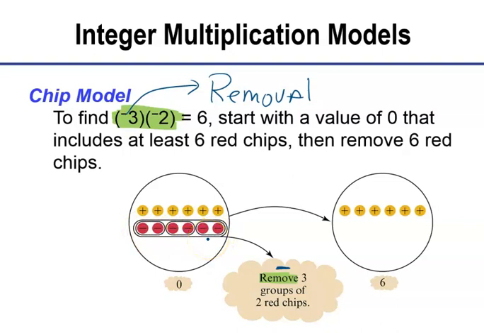The 3 groups is positive 3, and the negative 2 is the chips inside. So we've got negative 2, negative 2, negative 2. Again, that negative in front means removal. So we remove all the red ones because that's 3 groups of negative 2. And then we're left with the positive 6 result.